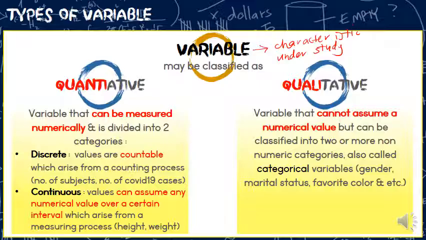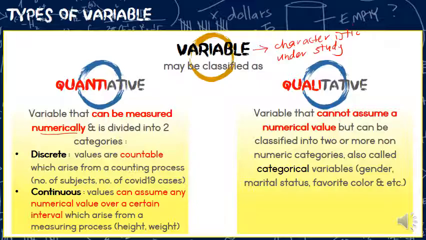Quantitative variable is a variable that can be measured numerically. Numbers. CGPA, height, weight, expenditure, number of subjects, okay? Variable yang berbentuk numerik. Okay, that is quantitative variable.